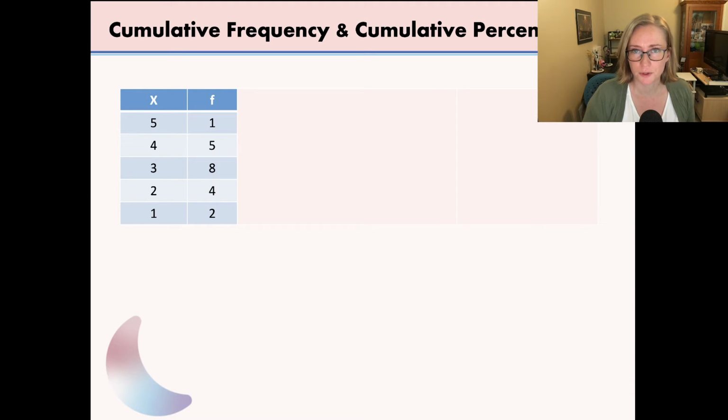Okay, cumulative frequency. This is also how you can basically determine a percentile rank for your data if you wanted to do that. So this is the same scores that we had before, 1 through 5. Different frequency distribution now. We have more people here in the middle.